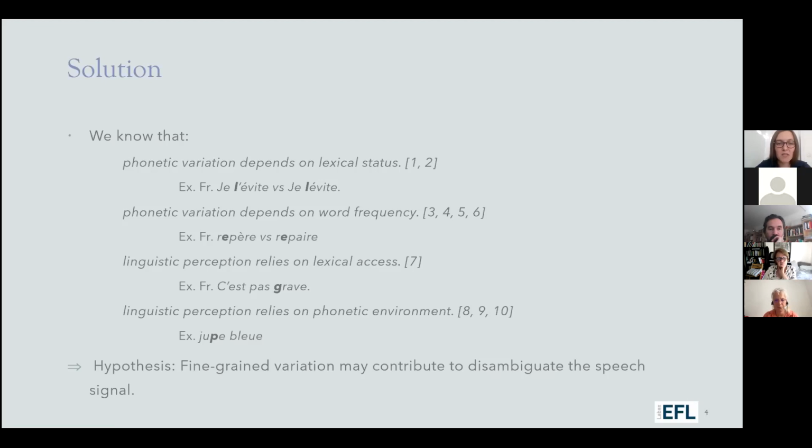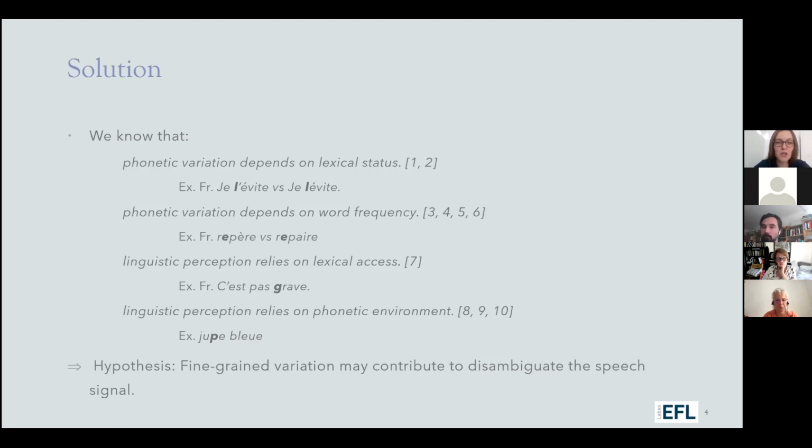And we also know that linguistic perception relies on lexical access. So for example, if I say c'est pas grave, I didn't pronounce the g, but actually most of you who speak French understood c'est pas grave because you understood from context and you retrieve the word grave because you know this word in French. And finally, we also know that linguistic perception relies on phonetic environment.